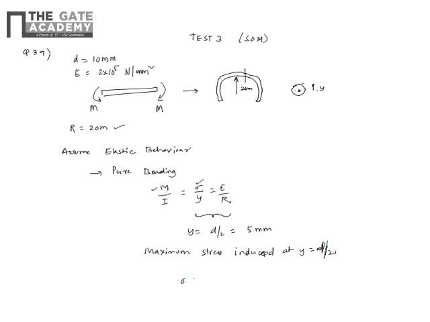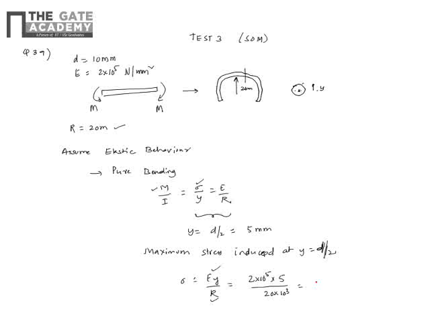So we can find it by the second and third parts, where E is Young's modulus, 2 into 10 power 5, y is diameter by 2, basically at the outer periphery, so 5 mm. R is the radius of curvature, which is given, since it is bent into a circular arc. The radius of curvature for a circle is its radius, so 20 meters, which I am converting to mm.